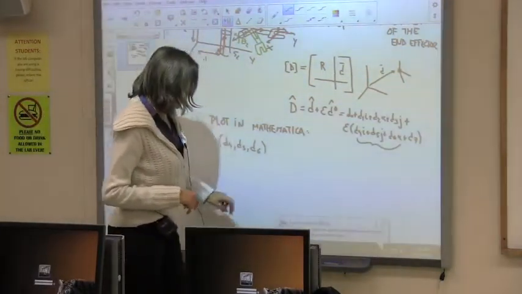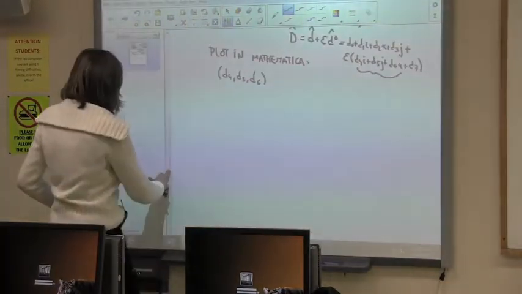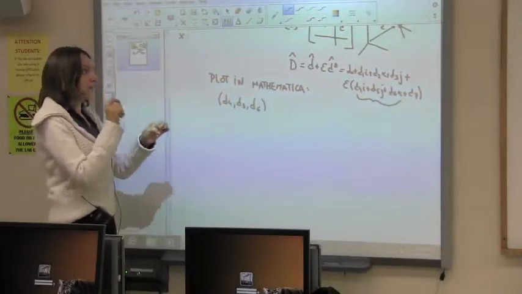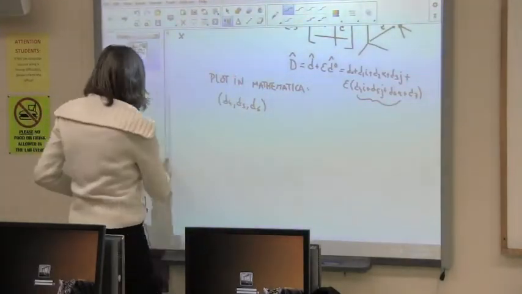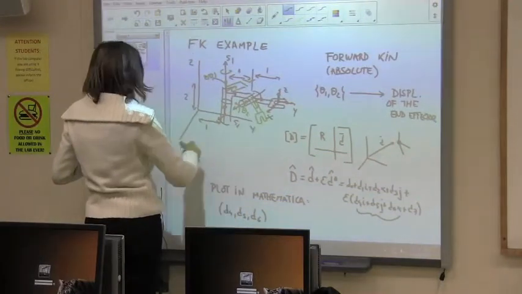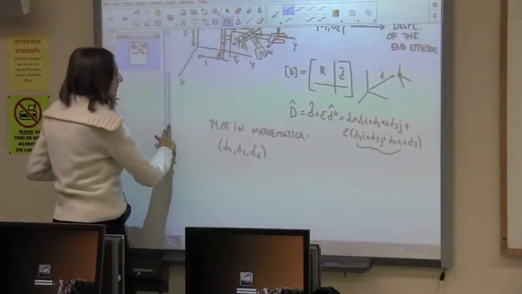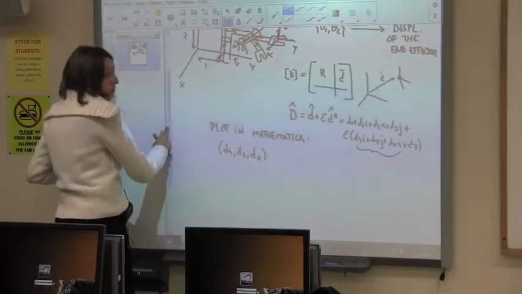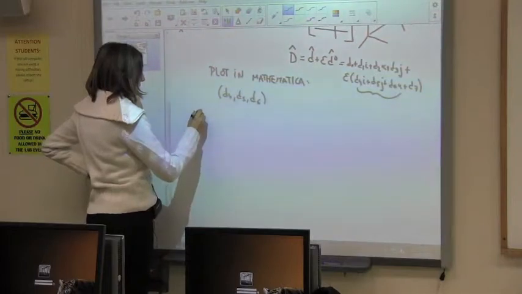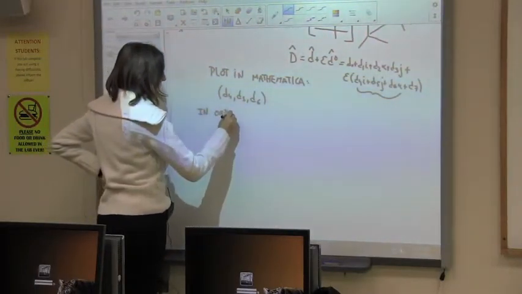If you wanted to do, and of course by workspace there are many things that we understand by workspace, but if you want to do as a workspace the location of the origin of the end effector frame, so this point, where this point can be, what you need to do is you need to take your d and take this point, which is the 0, 0, 0. So in order to plot, we can do it, it's not so big of a deal.